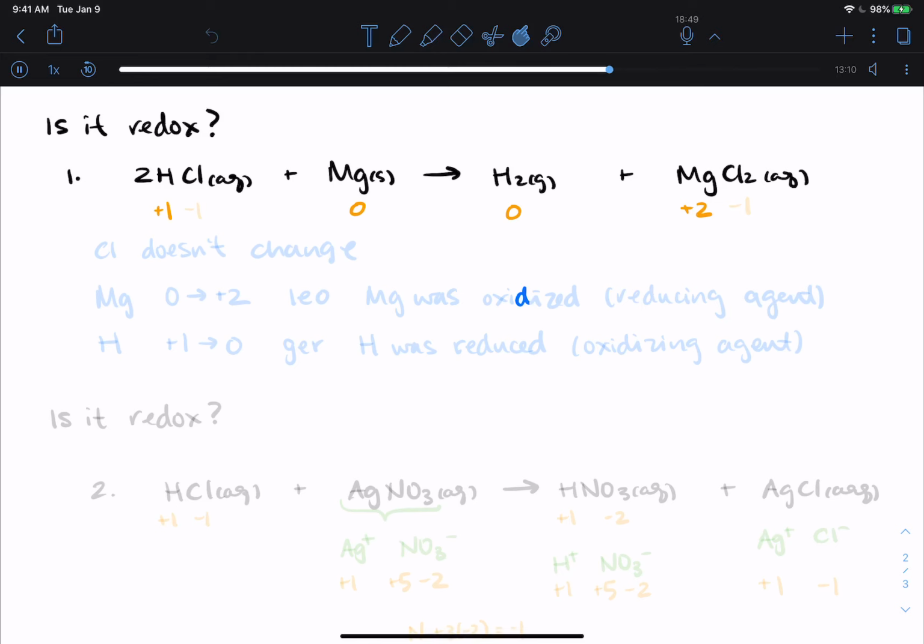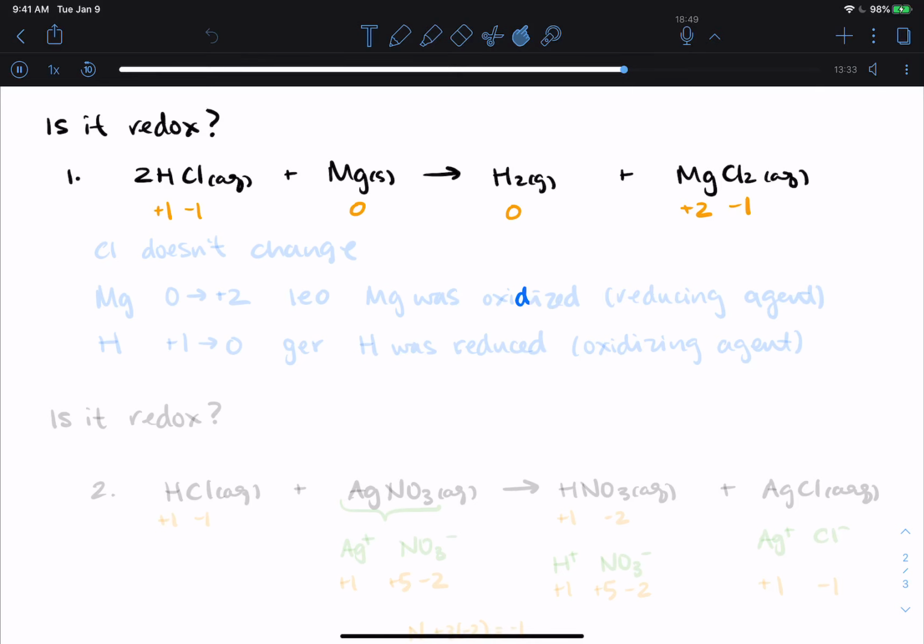So in HCl, that overall molecule is neutral. So if hydrogen is +1, chlorine has to be -1. And in MgCl2, this is an ionic compound that we can recognize at this point. If magnesium is +2, then each chlorine is a -1. Okay.